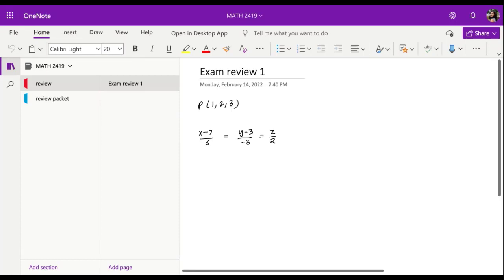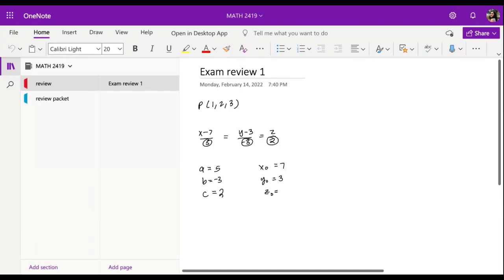So we have A, B, and C. Our A is 5, our B is negative 3, and our C is 2. And we also have x naught as 7, y naught as 3, and z naught as 0.